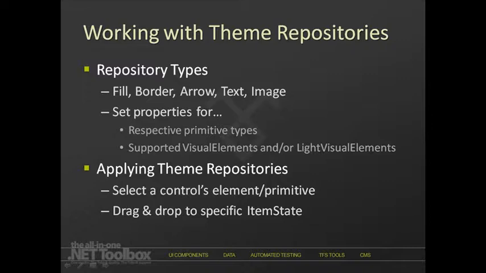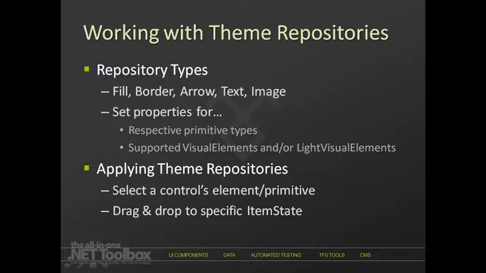So based on these different primitives and elements that the controls are built of, when you're working with theme repositories, you actually define the theme repositories to work with those different primitives and elements. There are 5 different repository types, and those reflect the different primitive types you saw listed pretty much exactly the same. They're just repositories instead of primitives because they're going to be defining the properties of those primitives.